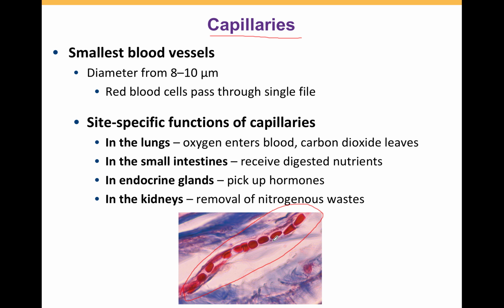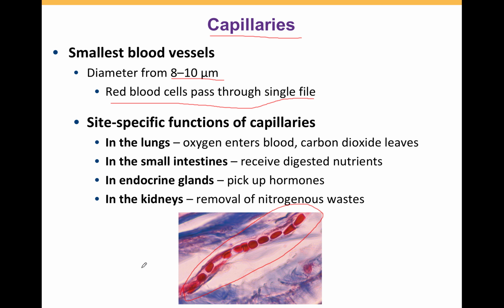And if you guys remember from our previous lecture, we mentioned capillaries are basically a single lane road that only allows one cell to pass through, and these cells are your red blood cells. So their diameter is relatively small, about 8 to 10 microns. Again, red blood cells are passing one at a time.